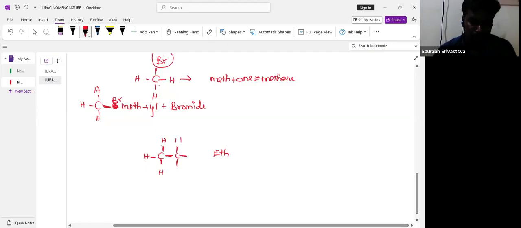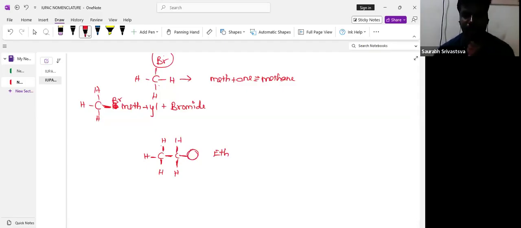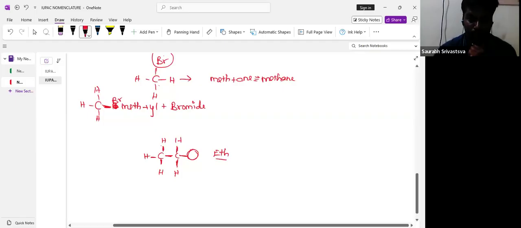Here I'm going to add hydrogen, but here I'm not adding anything. Then how can we call the substance? You should add "eth", the root word, because two carbons are there: one carbon, and this is the second carbon. So "eth", and next plus "yl".